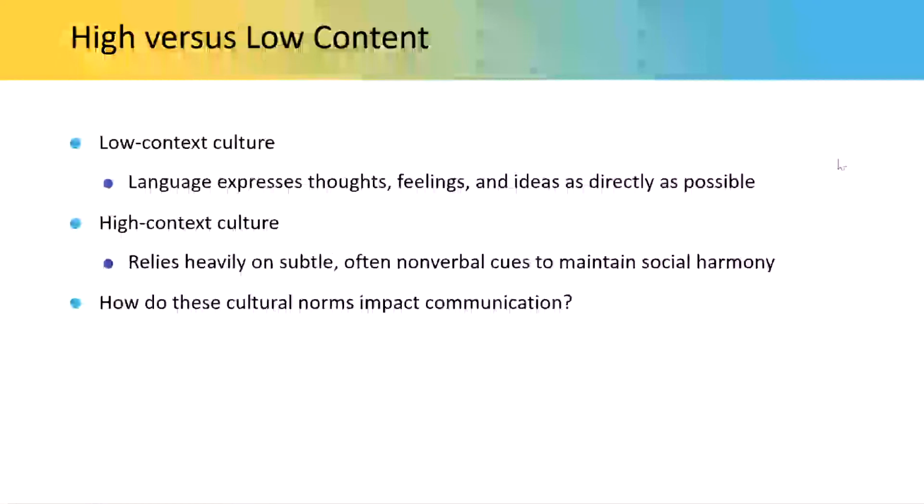The opposite end of the spectrum is the high context culture, where people pay a lot of attention to and have high reliance on the context. They don't feel that they need to use words all the time; they rely on nonverbal cues to maintain social harmony.